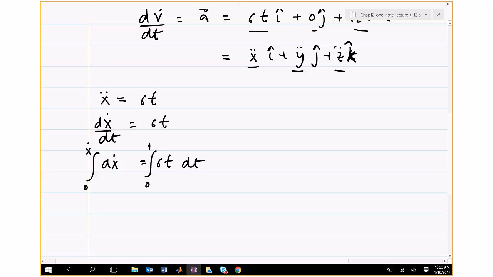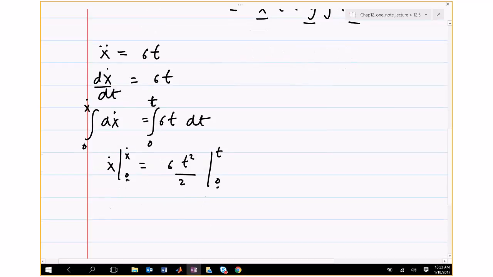I could have written vx instead of x dot, but let me just write x dot. Hold on, my bad. I need to do a general integral. First I find the velocity as a function of time, and once I get the velocity as a function of time, then I would eventually put in the value of t, which is 1 second. So the limits are 0 to t, and note that the velocity is x dot at time t, and the velocity is 0 at time t equals 0. That's why those limits are not random limits.